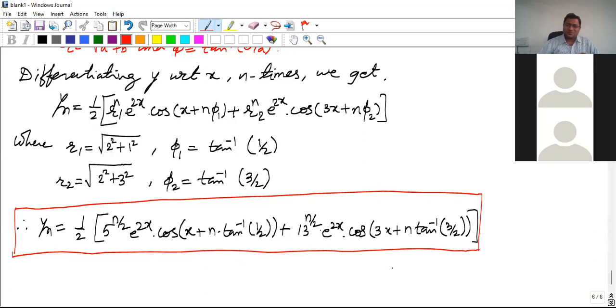Yes, sir. Good. You need to understand how to use the formula and how to derive the formula. In the first part we derived the formula, and now we used the formula, so you are able to find the nth derivative of any such term now.